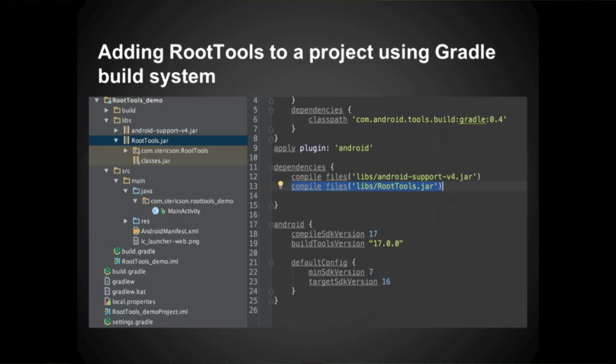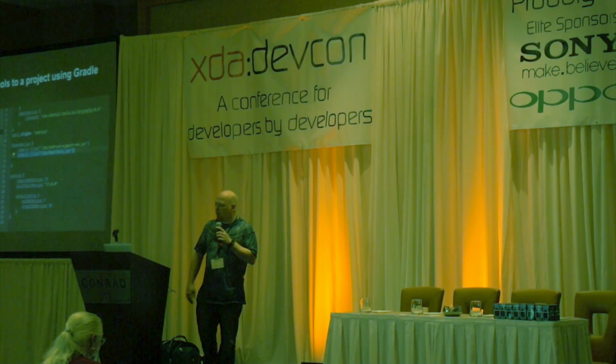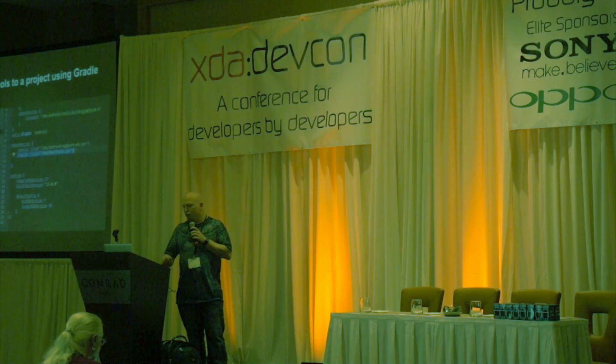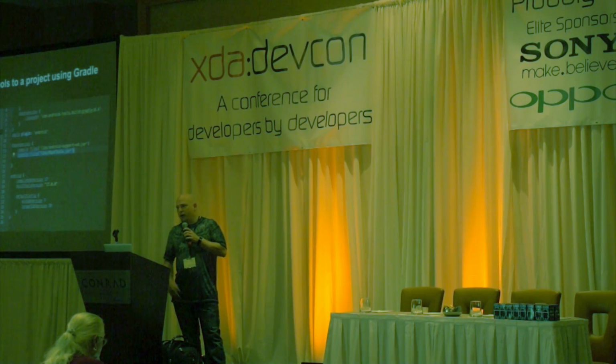So you can also pull down the source from there if you want to build it yourself or make modifications to it. After you download the library, we need to add it to your IDE of choice. For this presentation, we're going to talk about Android Studio and IntelliJ, as those are my default IDEs, but we also have instructions on how to add the RootTools library to an Eclipse setup. If you need to do that, it's on the wiki for the RootTools page.